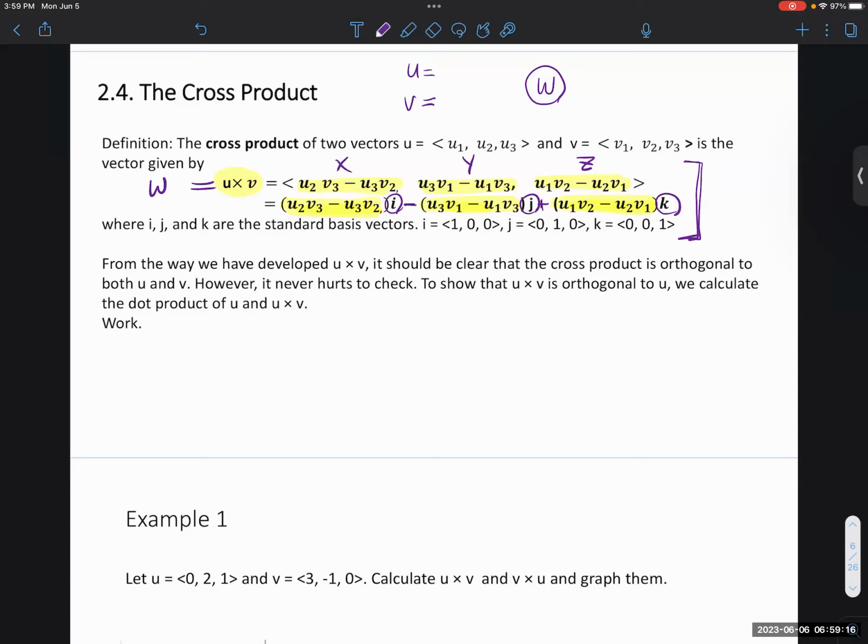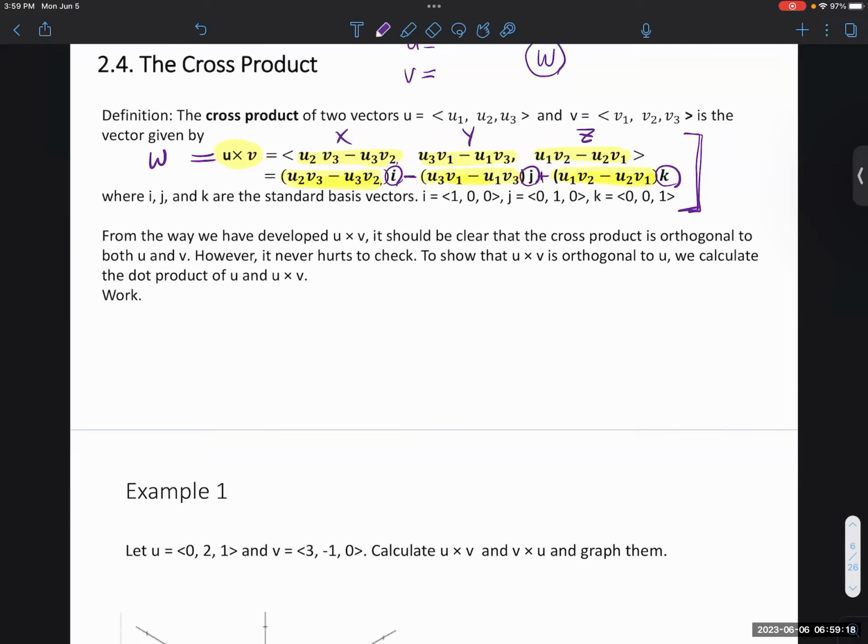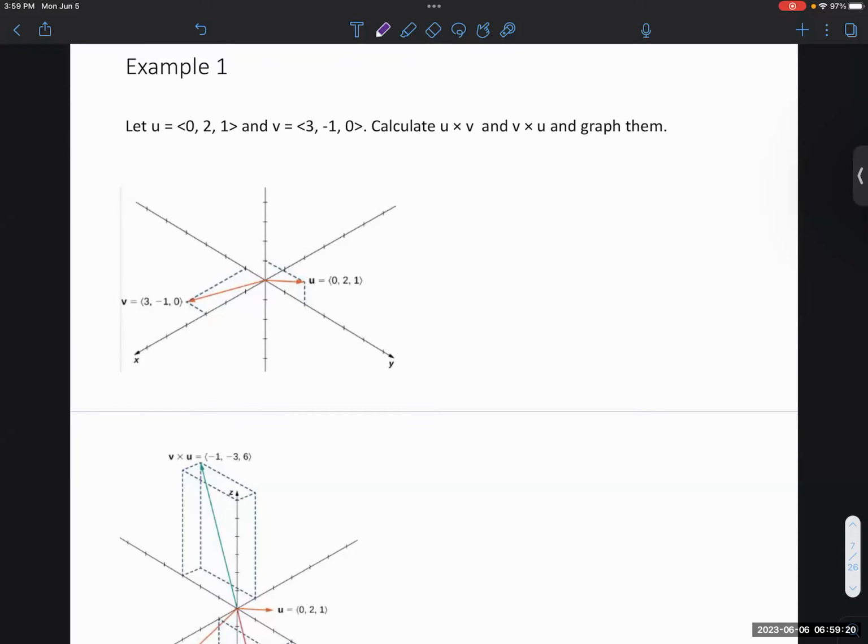So let's take a look at the example. In this case, I want to find out U times V and V times U, okay? So let's do that work, step by step. First of all, the U vector is 0, 2, 1, and the V vector is 3, -1, 0.